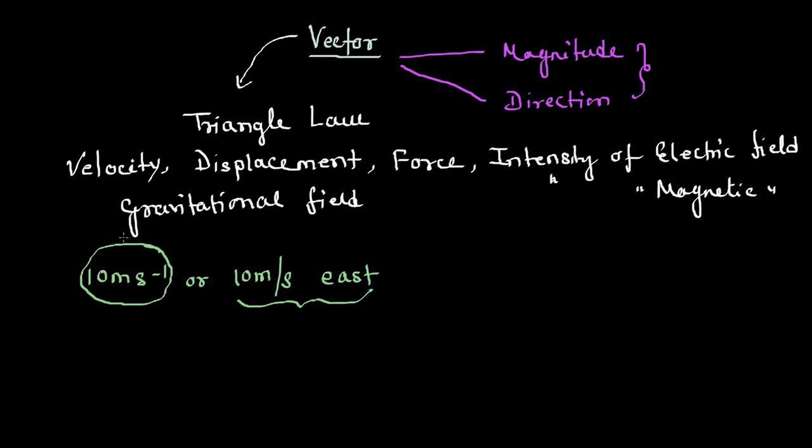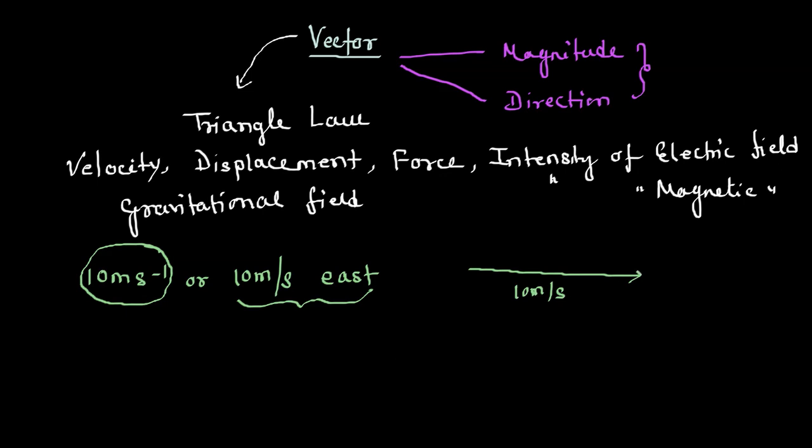Okay. So this velocity can be represented by a line segment of a particular length with an arrow at one end. The arrowhead points to the direction of the vector. The length of the line segment gives its magnitude. Suppose this is 10 meter per second. So the length of the line is the magnitude, and this arrow sign indicates its direction. I hope it is very clear. Right?